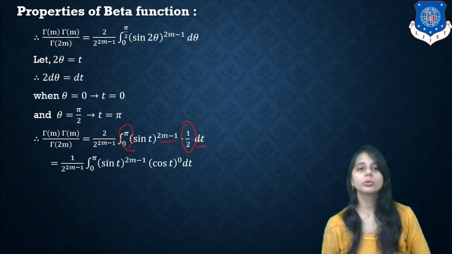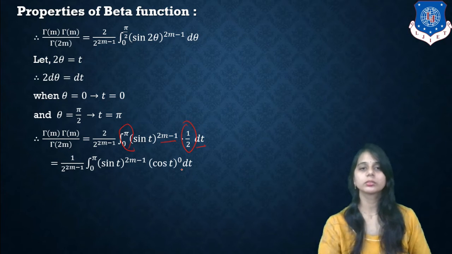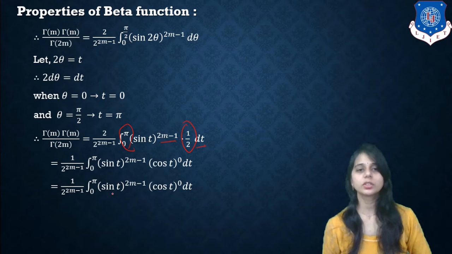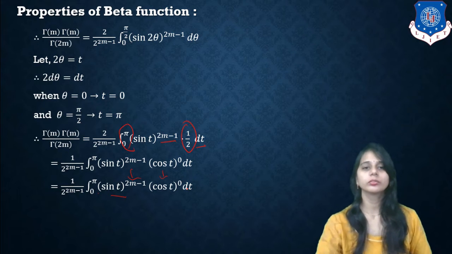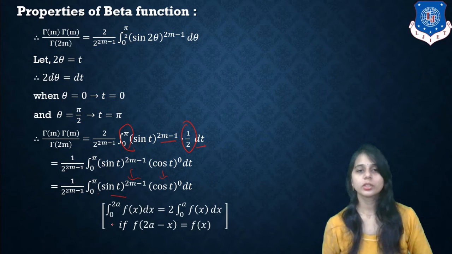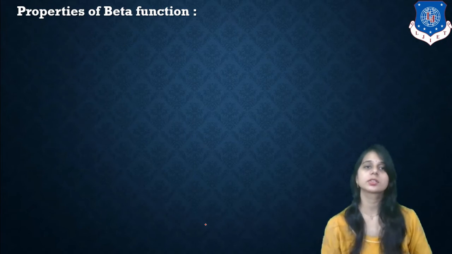1 upon 2 raised to 2m minus 1 integration 0 to pi sin t raised to 2m minus 1, cos t raised to 0 dt. So it is integration 0 to 2a f of x dx. So we say that integration 0 to 2a f of x dx equals 2 integration 0 to a f of x dx if f of 2a minus x equals f of x.